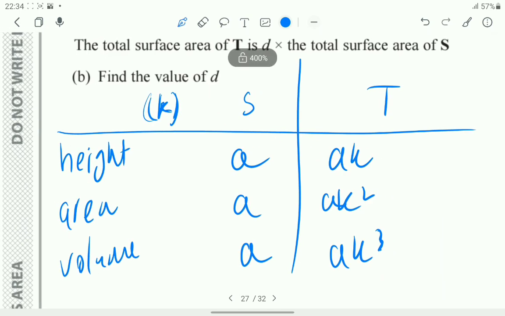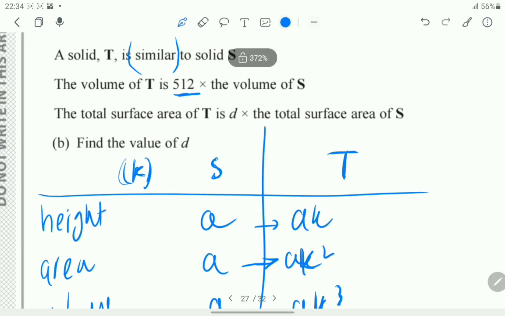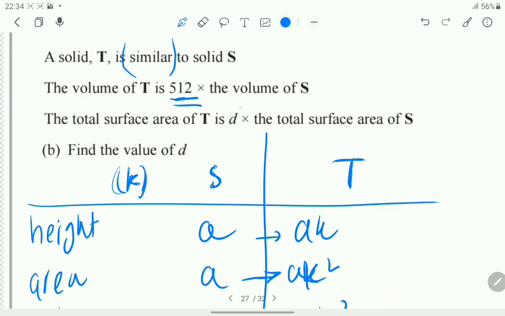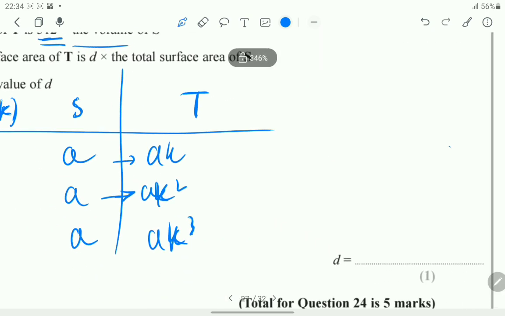So if S is the original shape and T is the new shape, and the factor is k, then height would increase just by multiplying, and area would increase by the square of that. So if the height is 1.5 times, then the area would be 1.5 squared times, and the volume would be 1.5 cubed times.